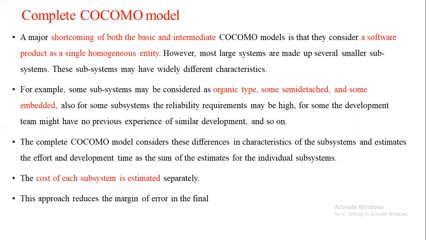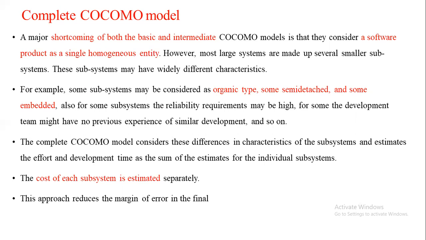When we split a complex project into simple modules, we can get a more accurate estimation. That is the idea behind complete COCOMO. Here we split the project into subsystems and calculate the effort and development time for each and every subsystem so that we can get a more accurate estimation.